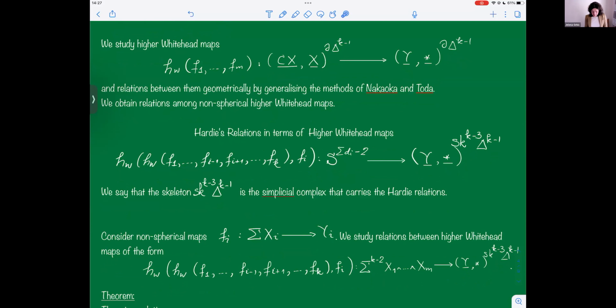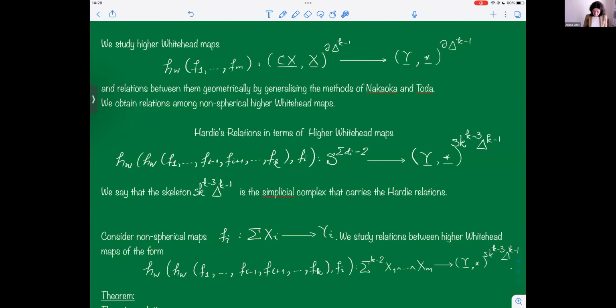And now the question is, can we express in terms of polyhedral products also each summand of the Hardie's relation, and can we put them together so that that identity is governed by some simplicial complex?